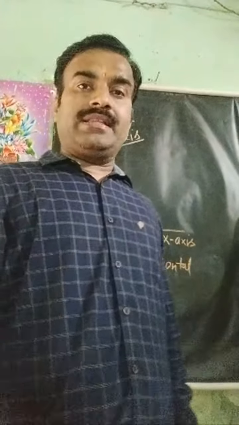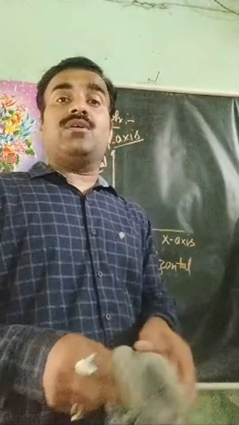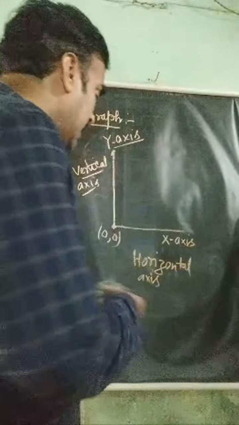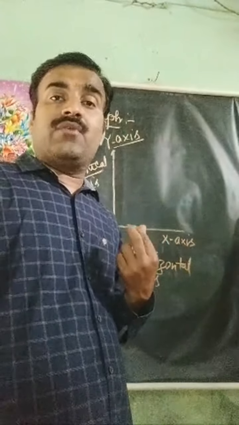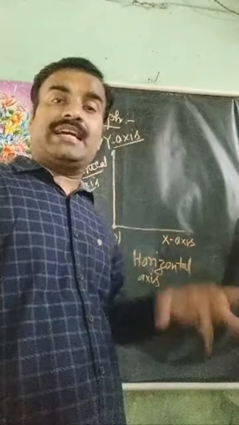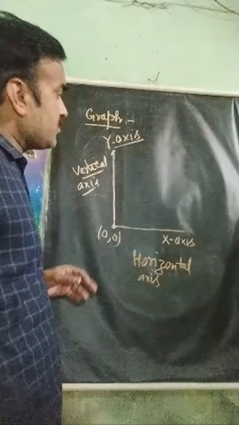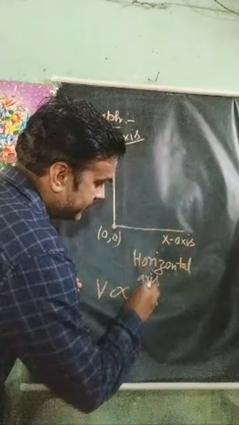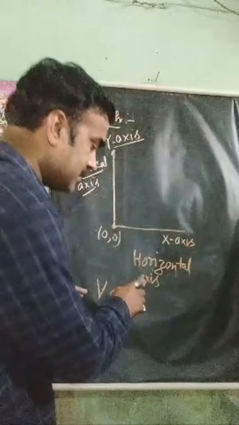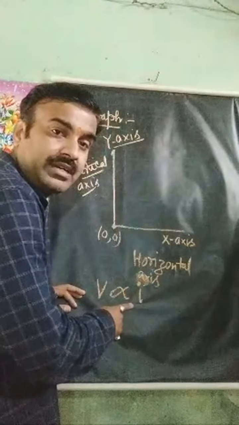So how can we draw the graph? After that, you must know which physical variable to take on which axis. So we know the formula: V, potential difference, is directly proportional to current.